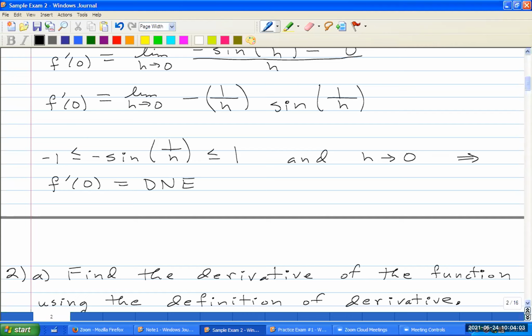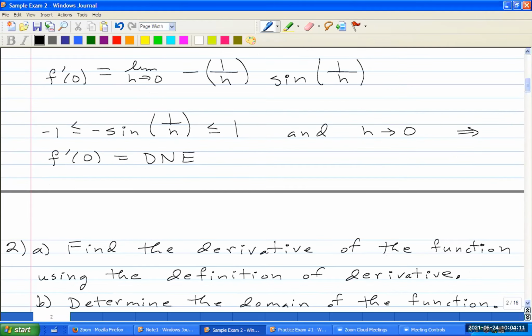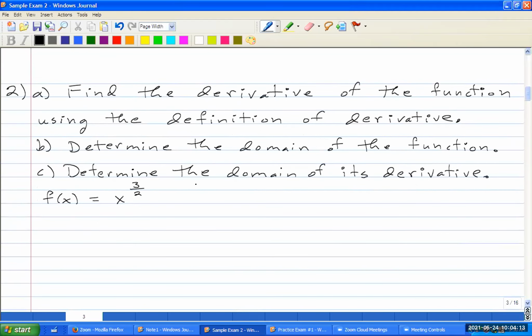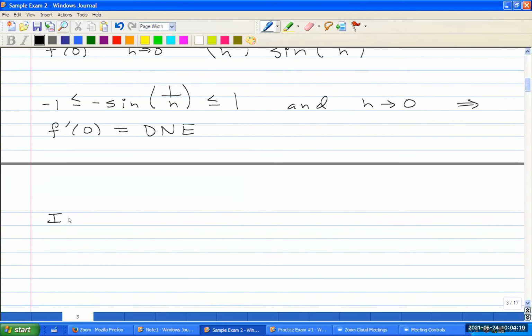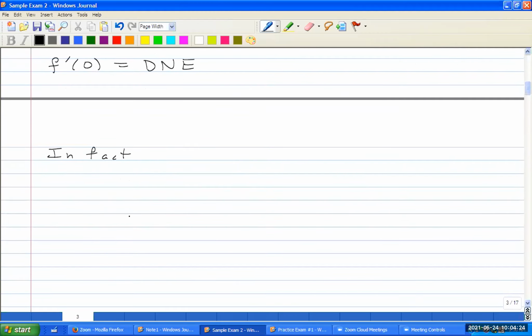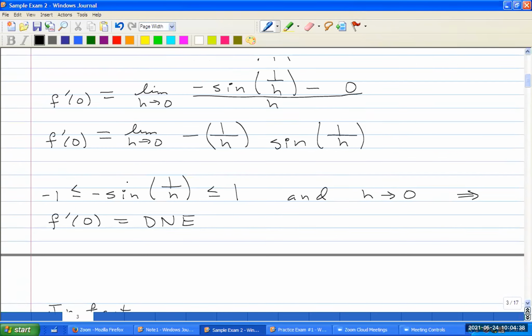So in particular, if you look here at the right sided derivative, as h goes to 0, this is going to oscillate between plus or minus 1.